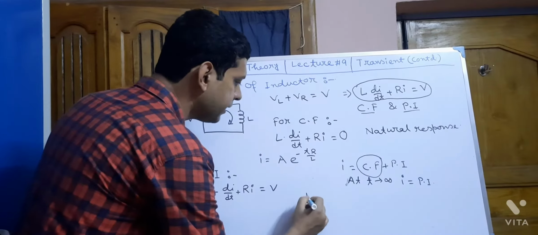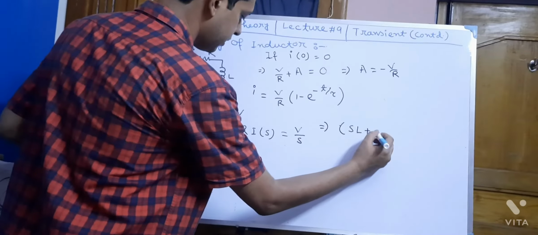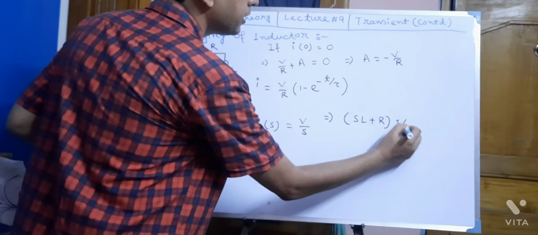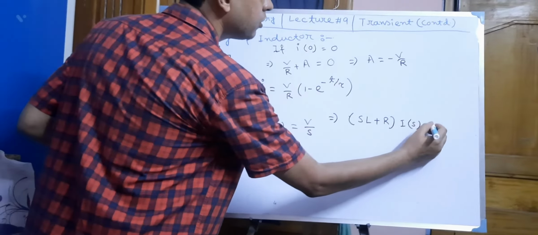So we will get SL I(s) plus R I(s) equal to V by S, since the Laplace transform of a constant term is the constant by S. Hence, (SL plus R) into I(s) equal to V by S. So I(s) equal to V by S into (SL plus R).